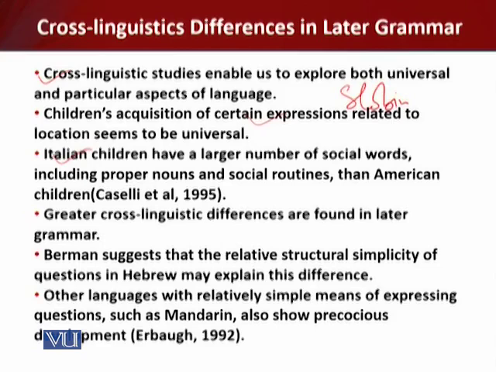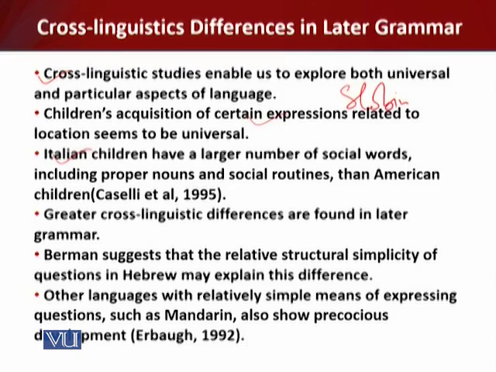For instance, the acquisition of relative clauses varies substantially from language to language. Although English-speaking children may use simple relative clauses by 2 years of age, they do not appear to master object and subject relative clauses until around 5.